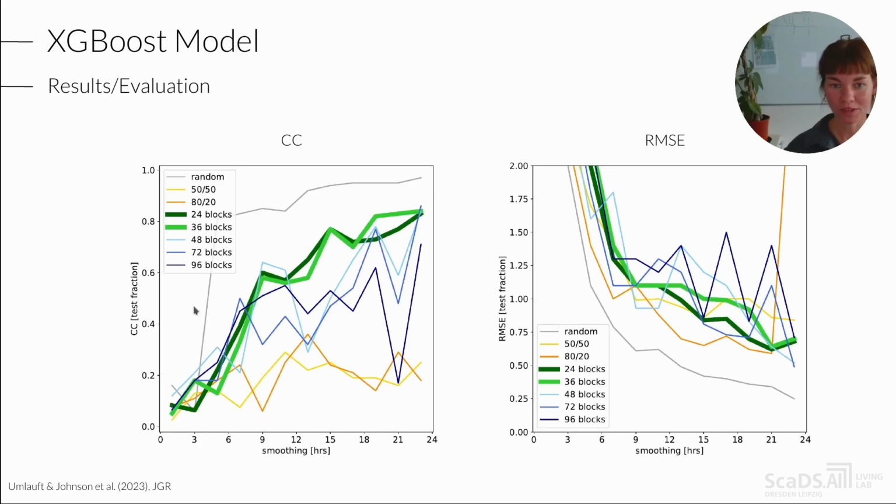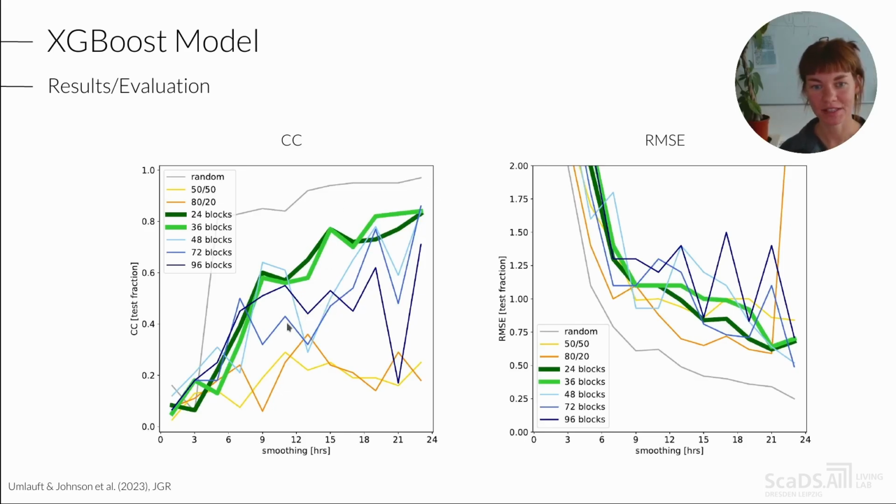So what you want to do is stick to these block models, because they seem to be performance-wise good, but also quite robust against smoothing. And we kind of tested how far we can go here.